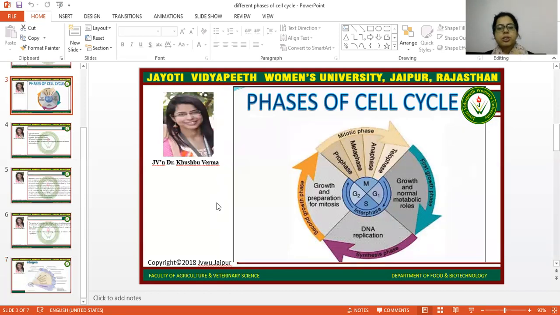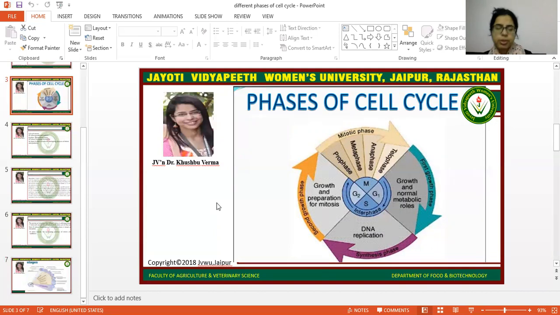S phase is responsible for DNA replication and is also known as the synthesis phase. The third phase of interphase is G2 phase, the second growth phase, required for the preparation of enzymes and proteins for mitosis. After the successful completion of the G2 phase, the cell undergoes the mitotic phase, where it completes prophase, metaphase, anaphase, telophase, and cytokinesis.